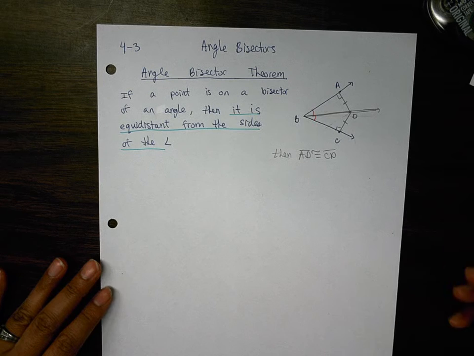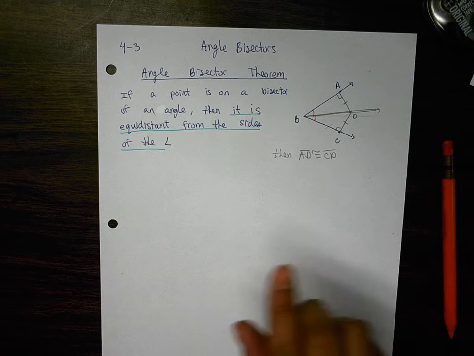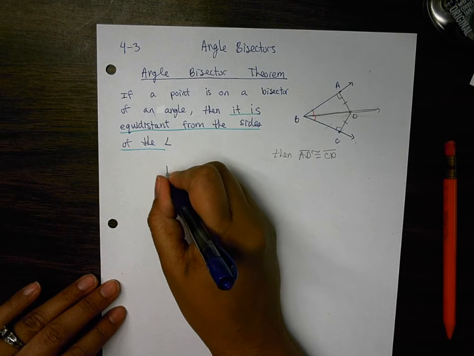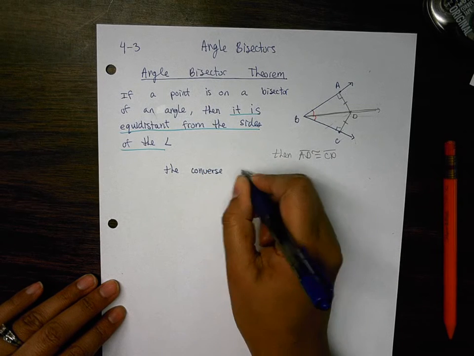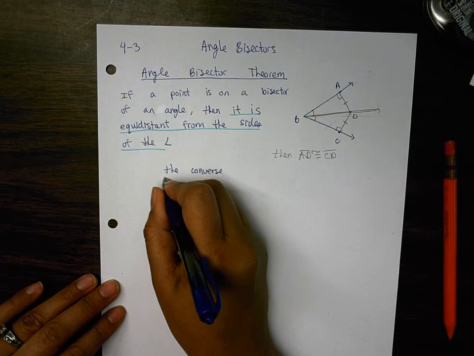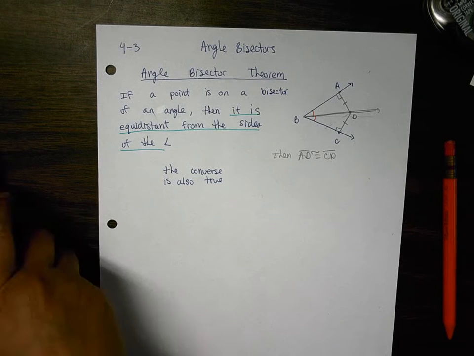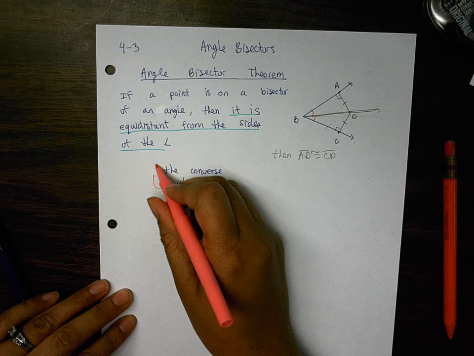Okay, we're ready? Okay, we're listening, guys. All right, instead of writing like we did yesterday with the whole lot of words, we're just going to put here the converse is also true. The converse is also true.